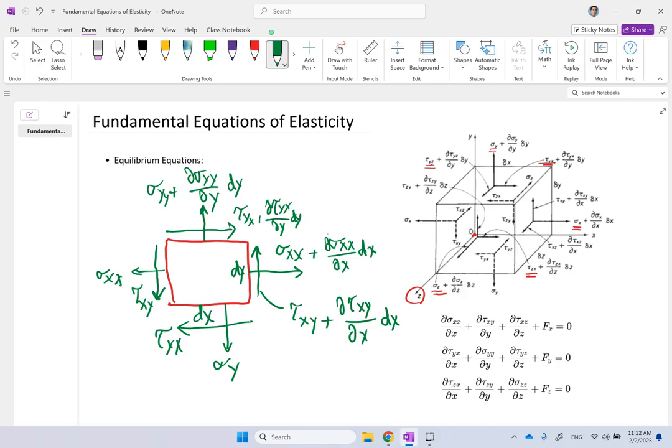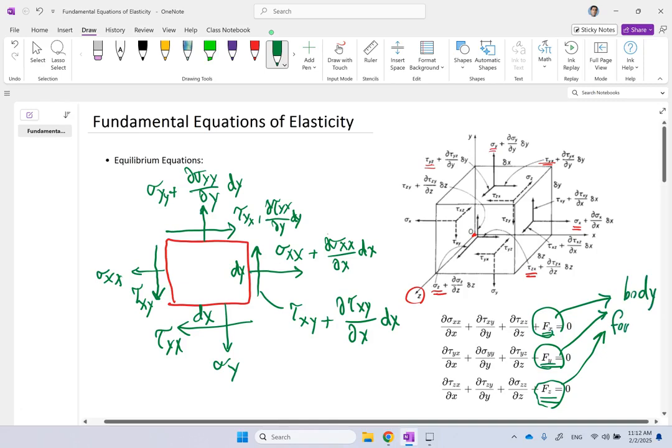So this is my infinitesimal element, and there are other forces as well. We call them body forces. They are the forces that are applied to the volume, not to the face. Body or volume forces. Like what? Like mg.